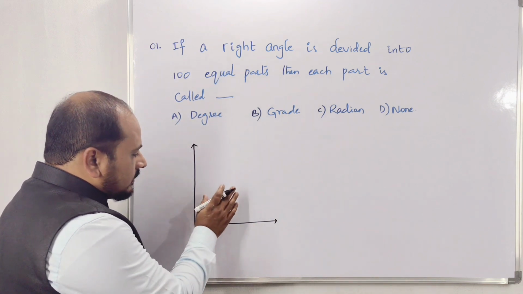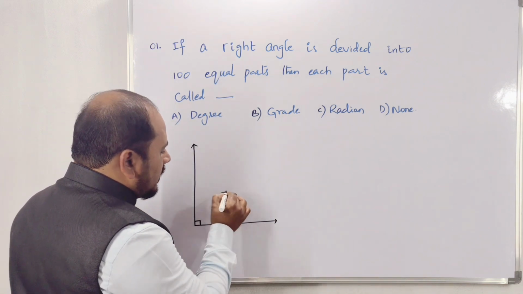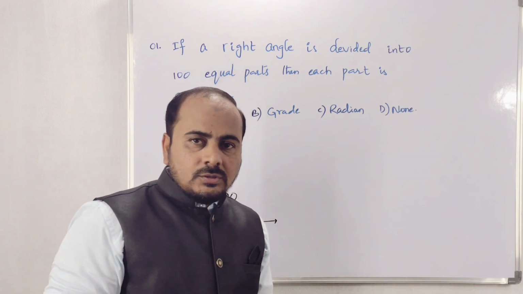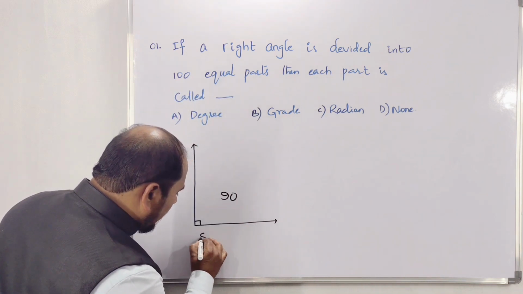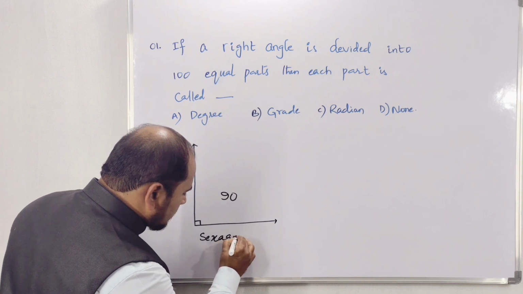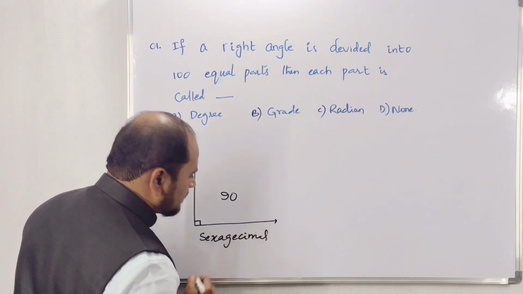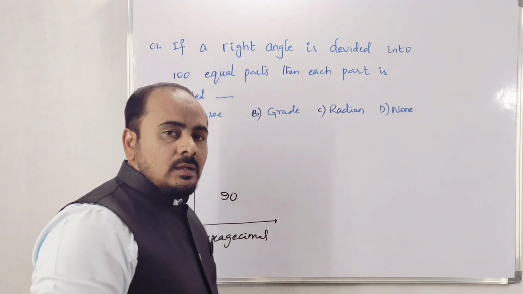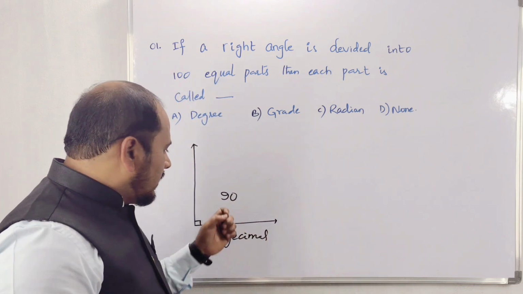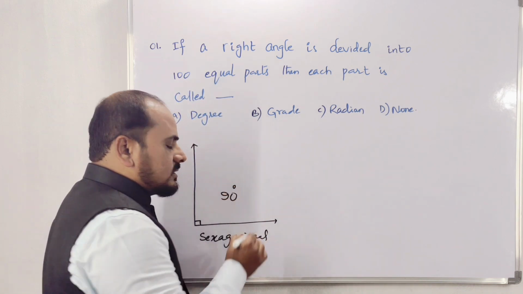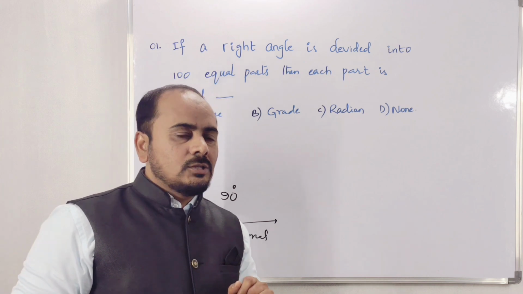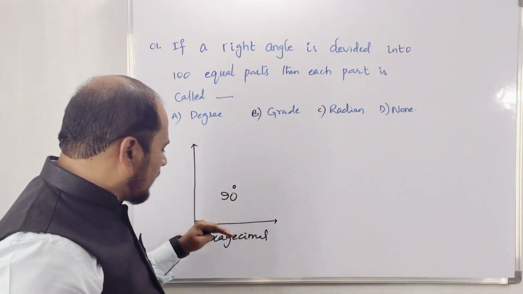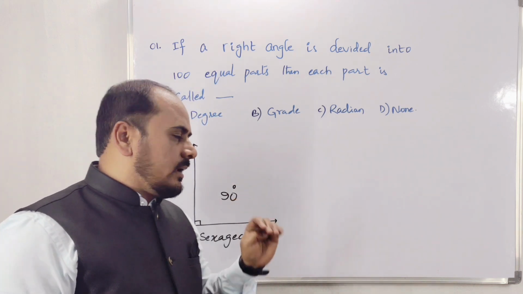This right angle is divided into 90 equal parts. This is the sexagesimal measure. In this, a right angle is divided into 90 equal parts. Each part is called 1 degree. So a total of 90 degrees can be formed in a right angle.